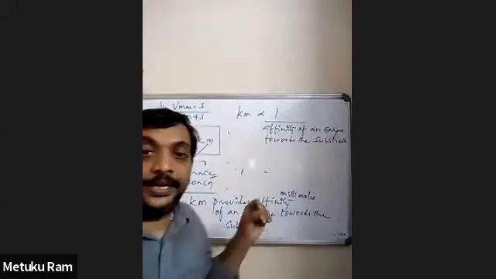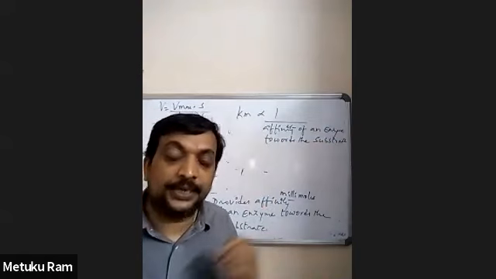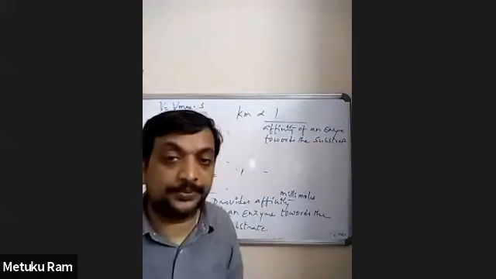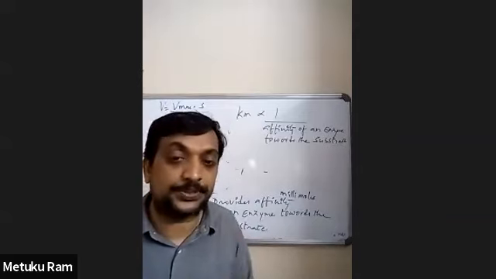Km has an inverse relationship with the affinity of an enzyme toward the substrate. Higher the Km, lower the affinity. Lower the Km, higher the affinity of the enzyme toward the substrate.